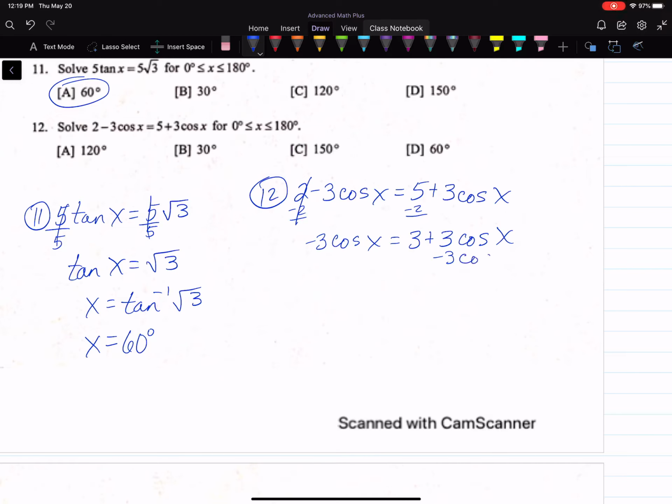Divide by negative 6. So we have cosine of x equals 3 over negative 6, which reduces to negative 1/2. And then again, how do we get rid of cosine? We take the inverse cosine of negative 1/2.